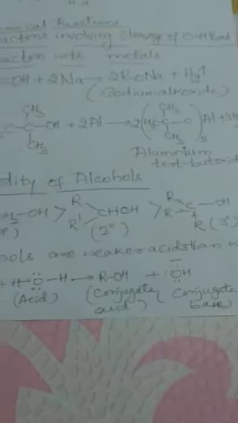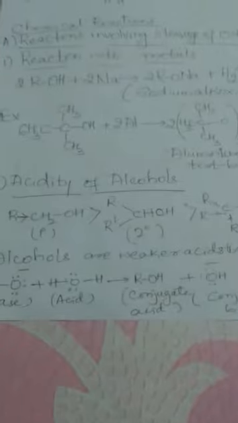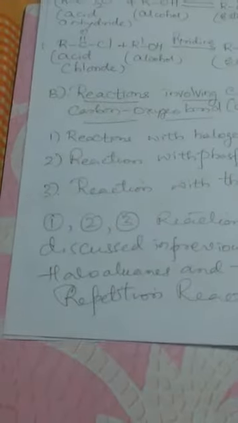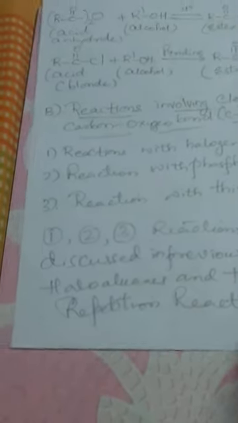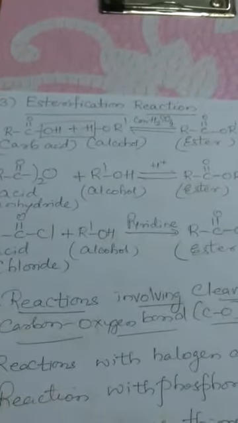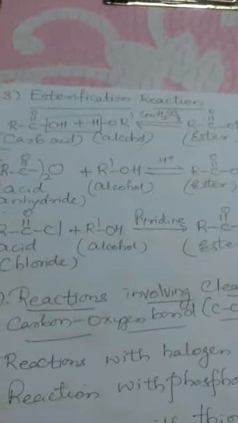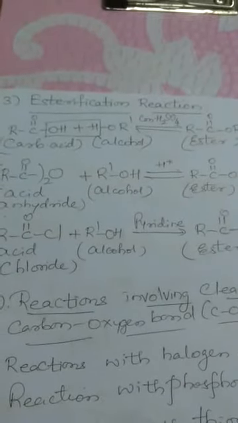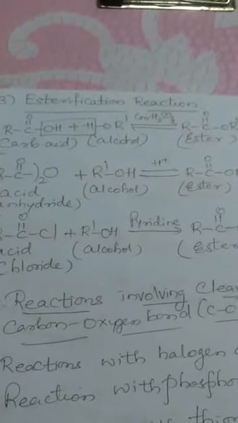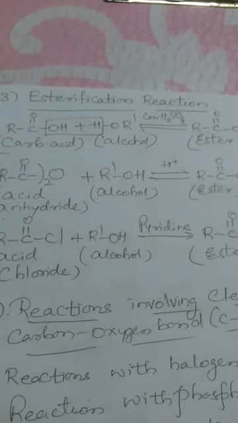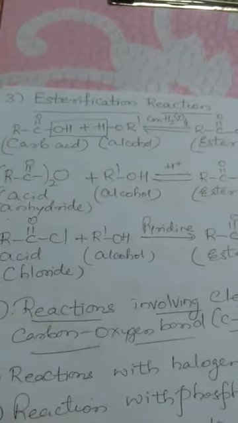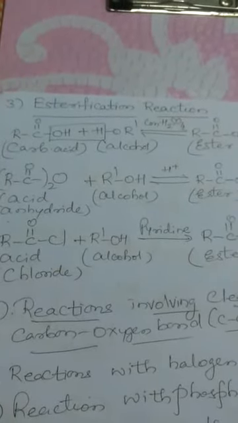Now coming to a very important reaction answered by the alcohols, a named reaction called the esterification reaction. In this reaction, a carboxylic acid, the general representation of which is RCOOH, reacts with an alcohol R-OH in the presence of concentrated sulfuric acid.